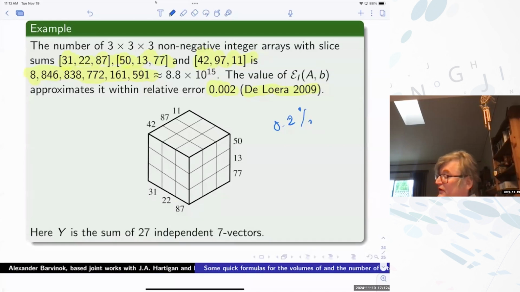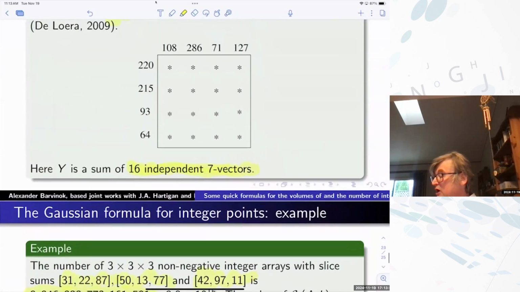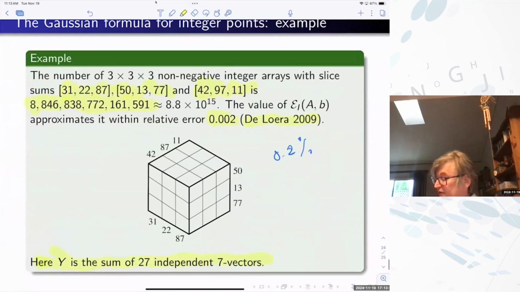So why is it better? Again, we cannot prove that it should be that good, but here the random vector that we consider is the sum of 27 independent 7-vectors. So if we bet here that it's close to the Gaussian, it's a much better bet, right?